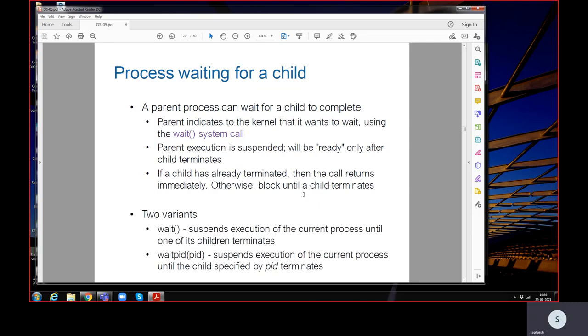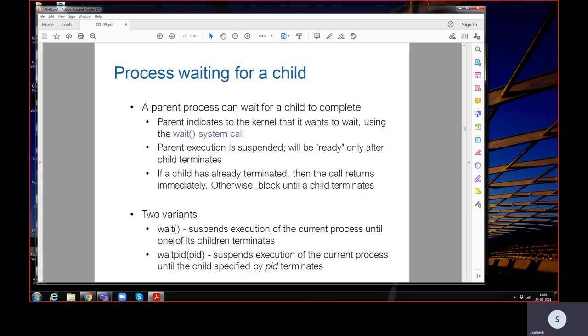And the wait system call has two variants of its own. One is just wait. It suspends execution of the current process until one of its children terminates. So suppose a particular process has created several children. Calling wait will suspend execution of the current process until any one of its children terminates.